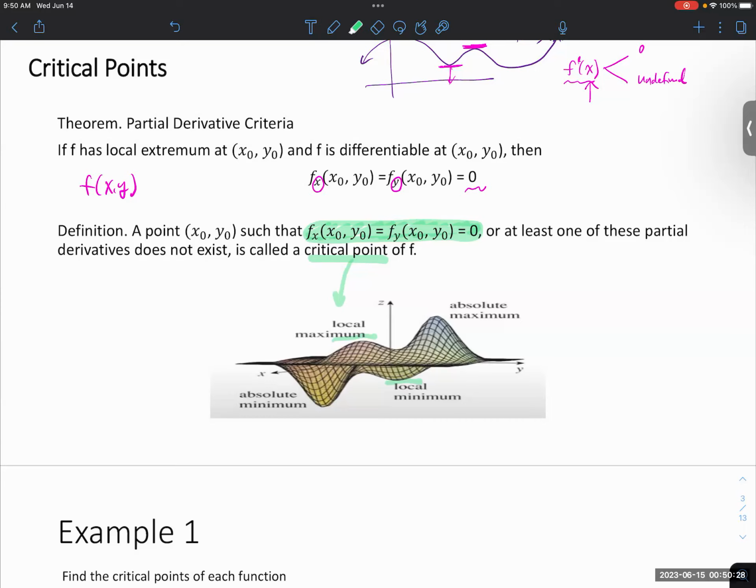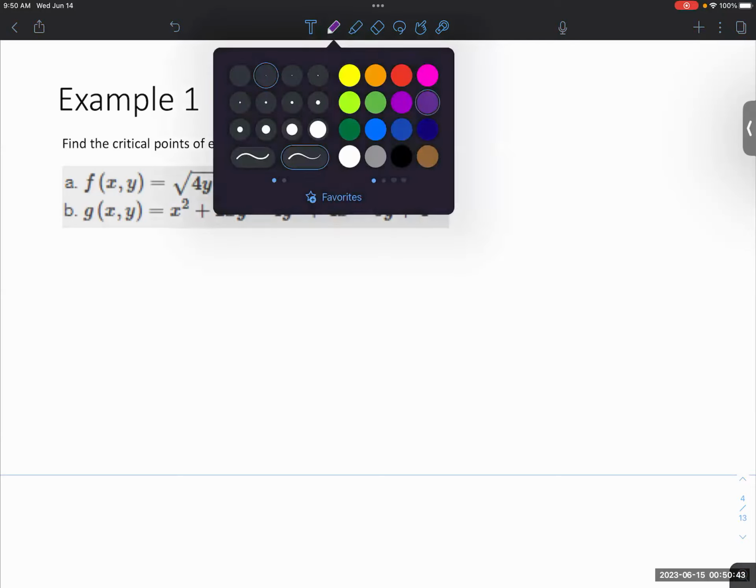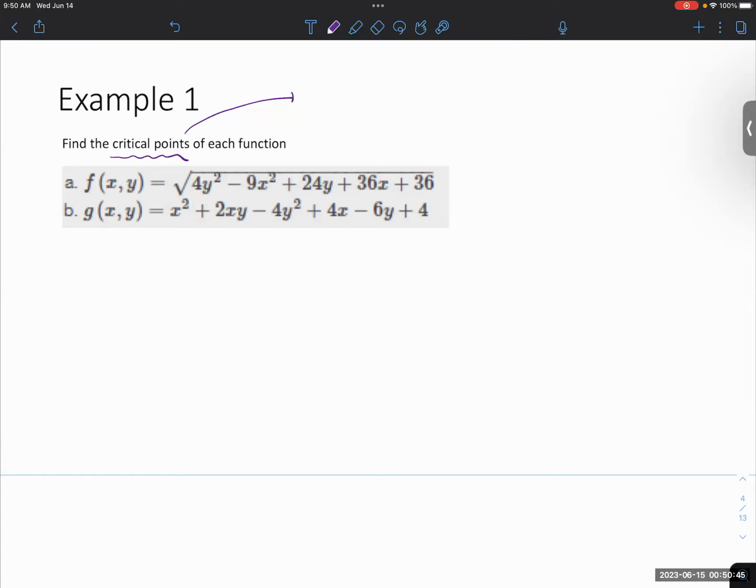So let's take a look at an example. I'm going to go down slowly. So here is the example. Find the critical points. To do that, I'm going to take the partial derivatives.